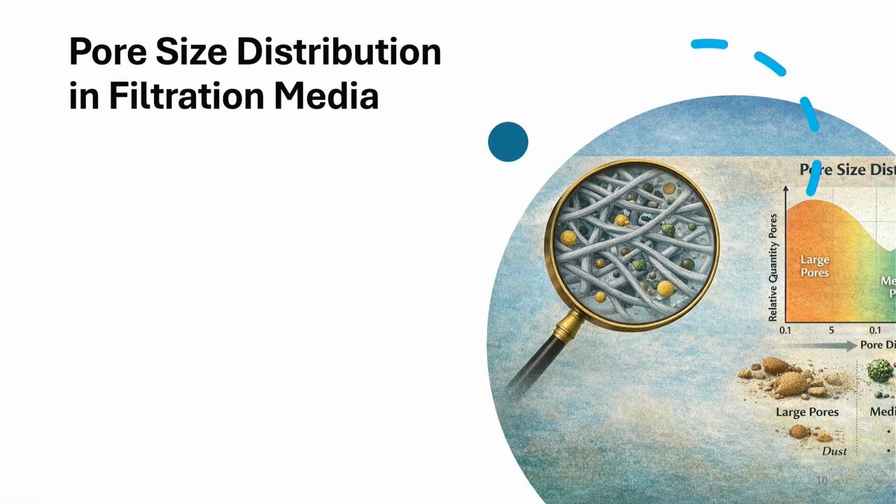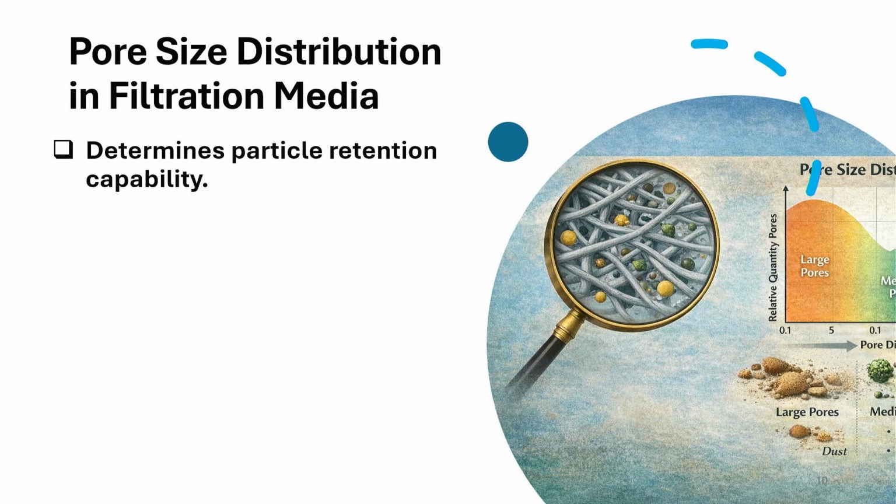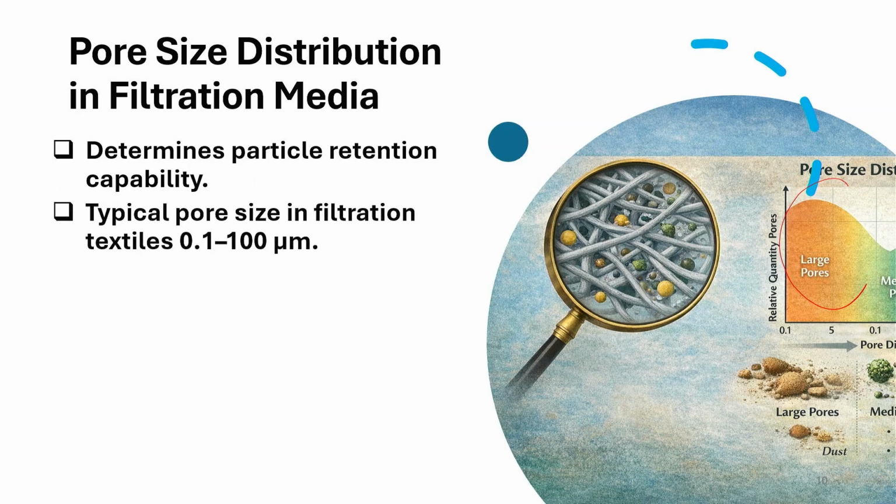Now, try to see the pore size distribution in a filter media. Its impact is that it determines the particle retention capability. You can see relatively larger pores are there and medium pores, different types of pore sizes are there. Typical pore size of a textile filter is 0.1 micron to 100 micron.